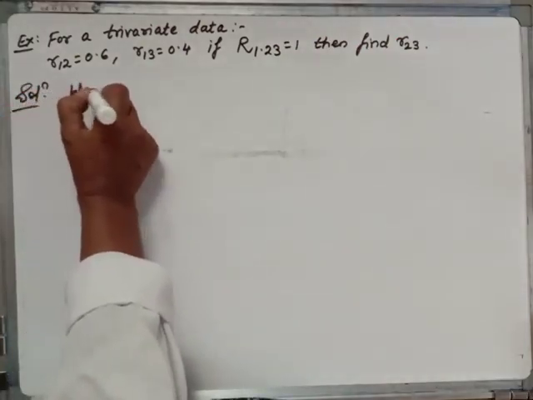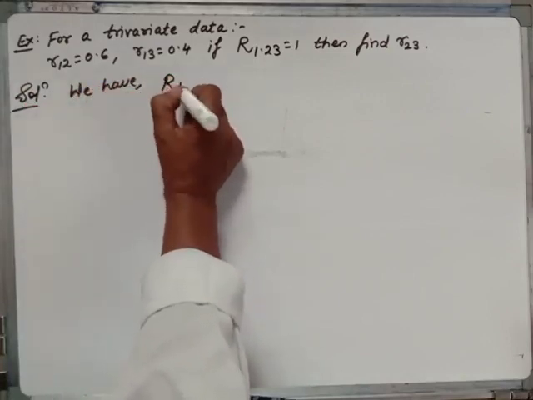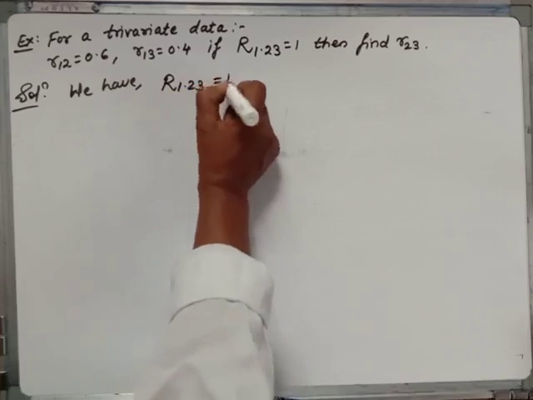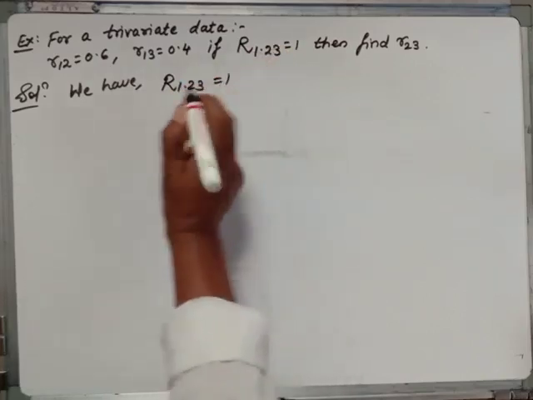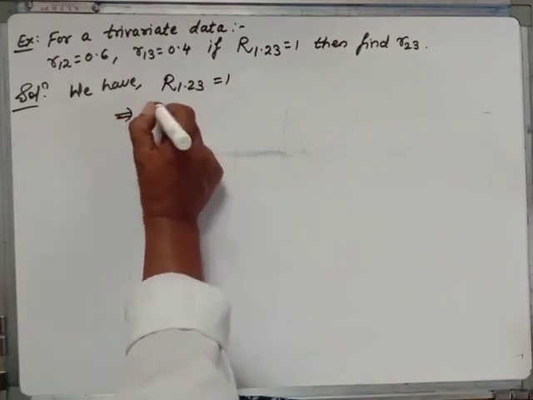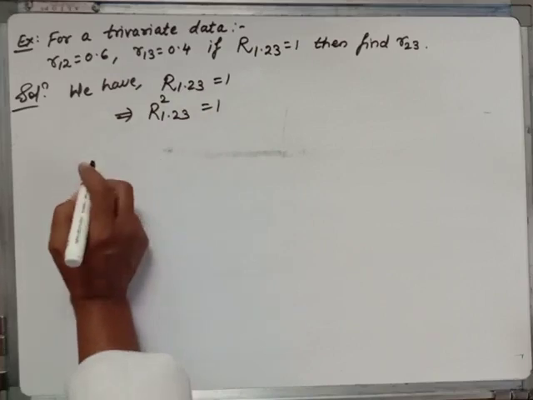We have R1.23 is what? 1. So again same trick I am using. I am squaring here. So R1.23 square is what? 1.